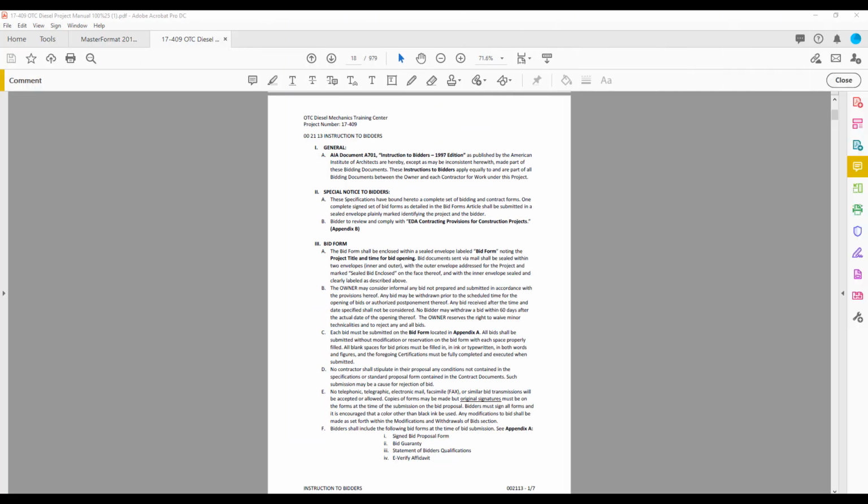So now we are going to look back into our project manual, and we can see that right in the beginning, in the instructions to bidders, it's already referring to an AIA document. These will be referred to throughout the project manual for different things.